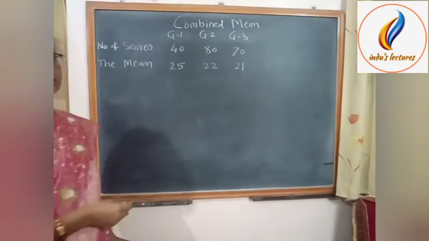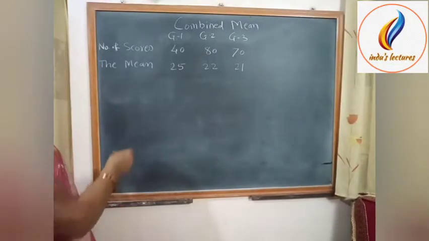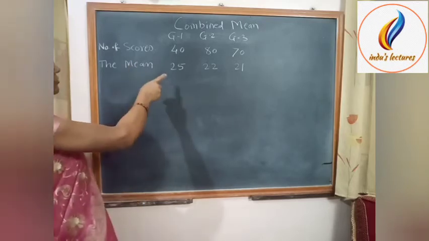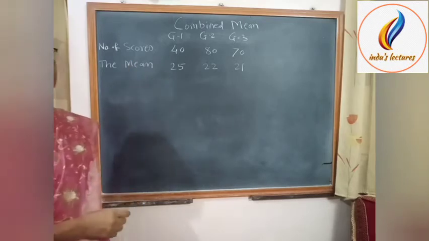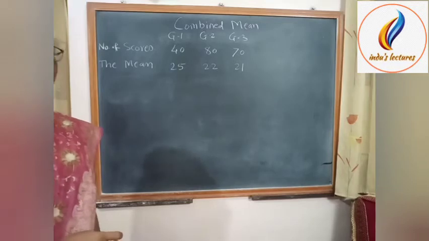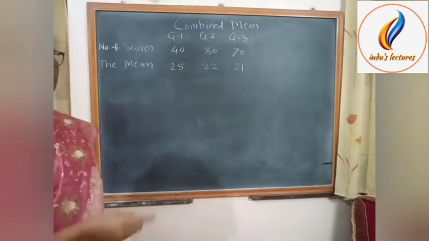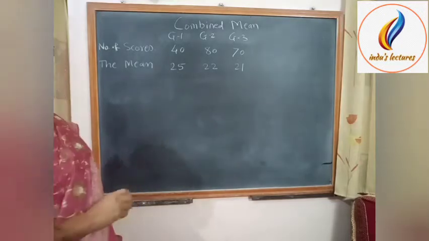Now consider the example. Three groups are given, and their numbers of scores and means are given. We have to find the combined mean of the three groups, that means the mean of the group when these three groups are combined.